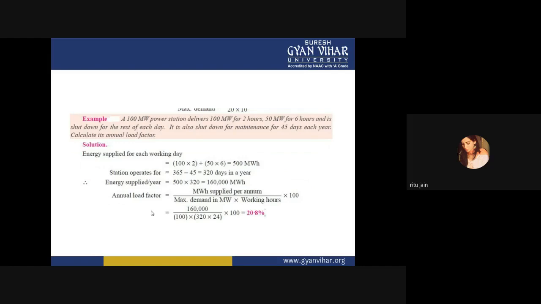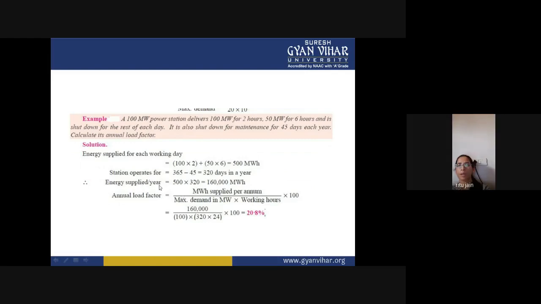So total amount of energy which is delivered in a day is equal to 100 into 2 plus 50 into 6, which is equal to 500 megawatt hour, and the station operates for 365 minus 45, which is equal to 320 days in a year.